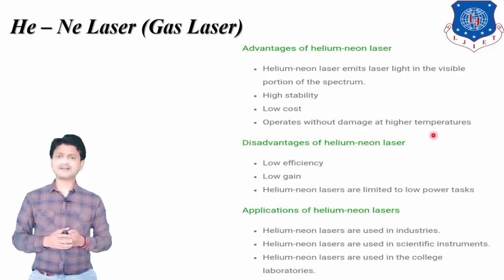There are some disadvantages, like low efficiency, low gain, and they are limited to low powered tasks. The helium neon laser has a variety of applications in industries, in scientific instruments, and in college laboratories. So this is about the helium neon laser.